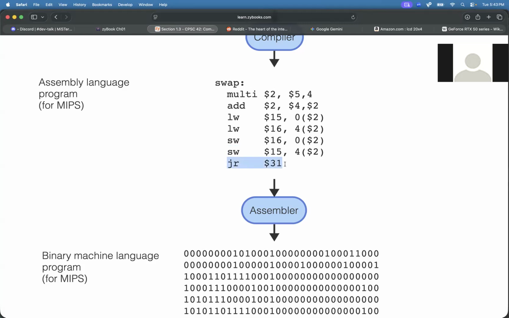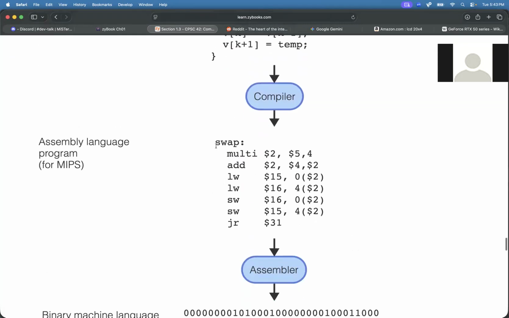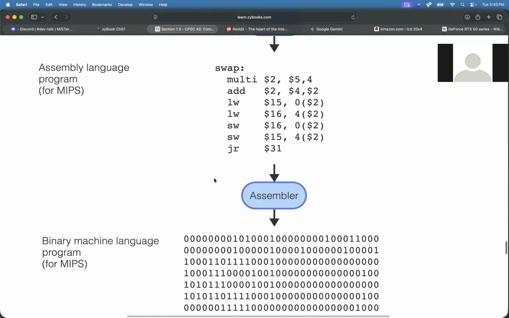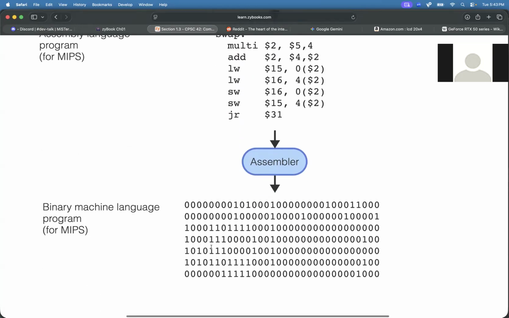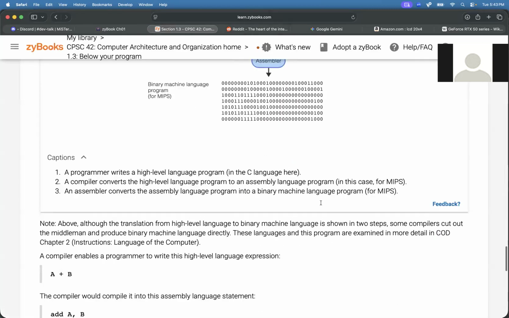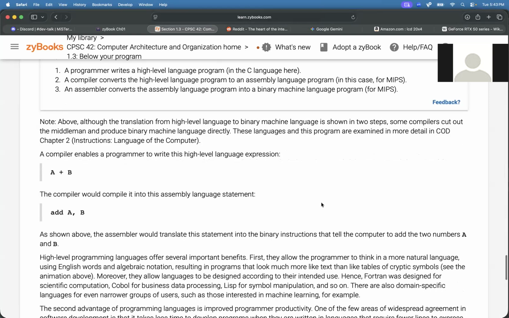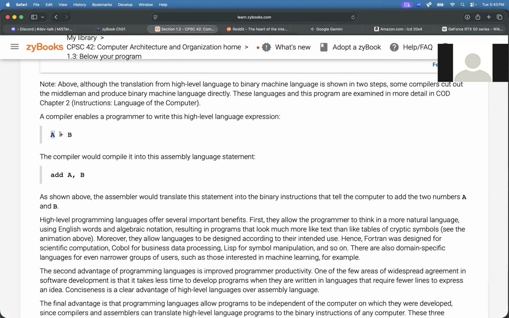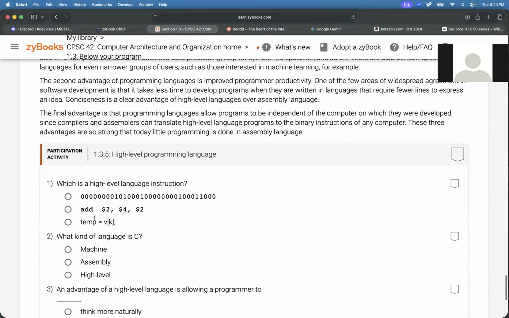And then JR is jump return, which means we're returning from the function. So you have the high level code, which gets turned into assembly language code, and then the assembly language code gets turned into the machine instructions, which are apparently here. So you write this, then it gets compiled into this, and then it gets assembled from there.